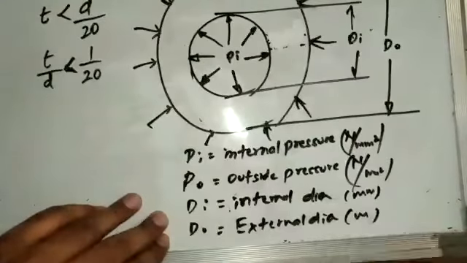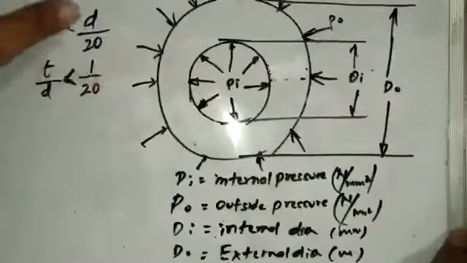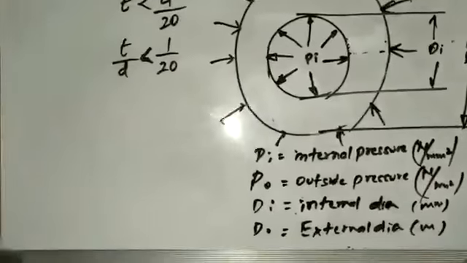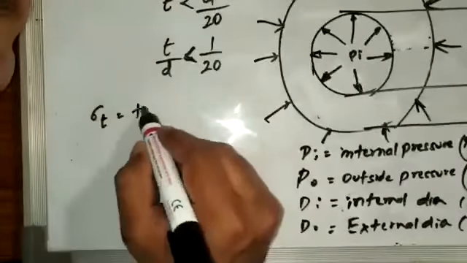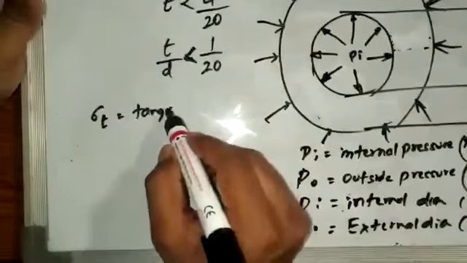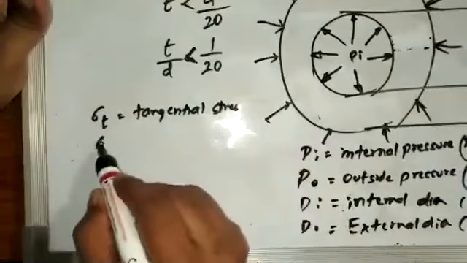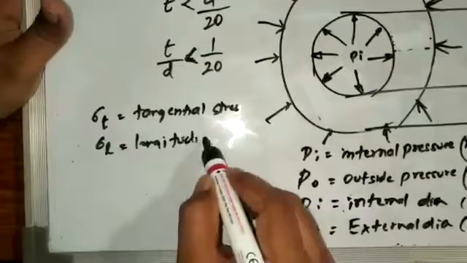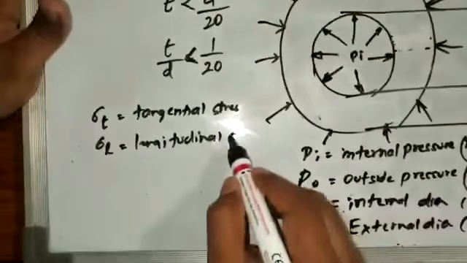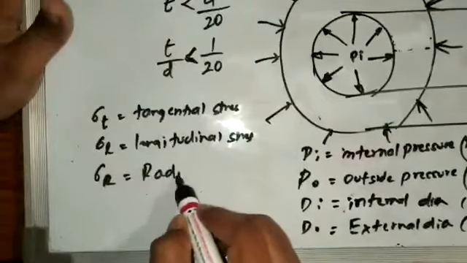T is the thickness. There can be three types of stresses in this. One is tangential stress, another is longitudinal stress, and the third one will be radial stress.